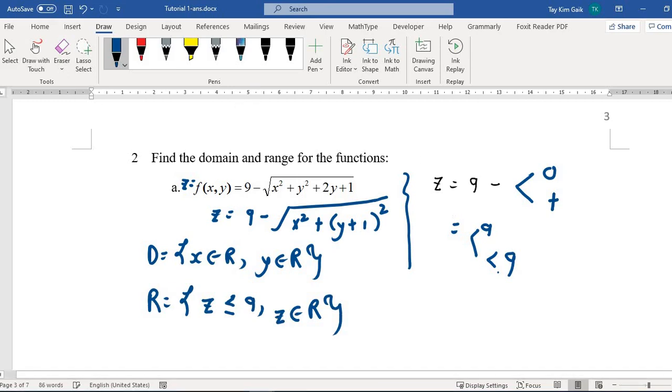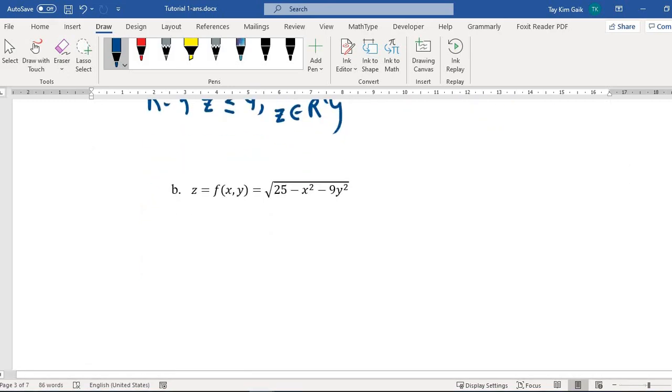So that's 2a. Okay, for 2b, z equal to f(x,y) equal to the square root of 25 minus x squared minus 9y squared. Again, for the function to be defined, the expression inside the square root function must be greater than or equal to 0.